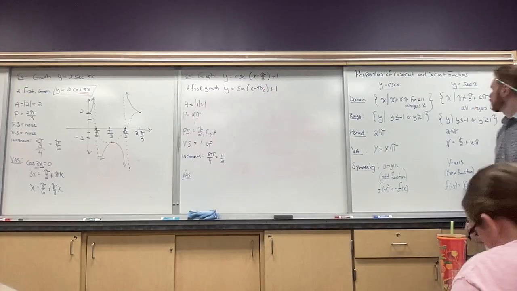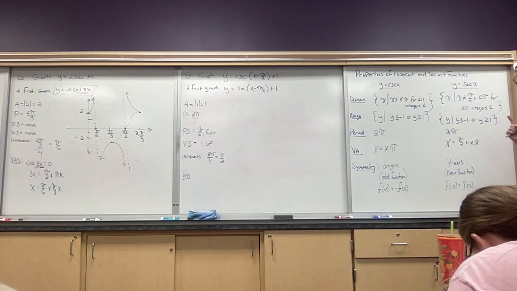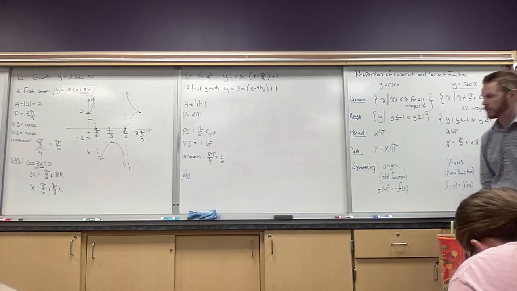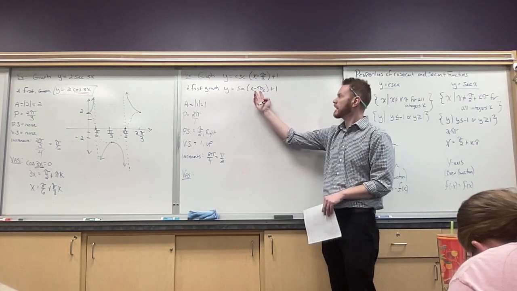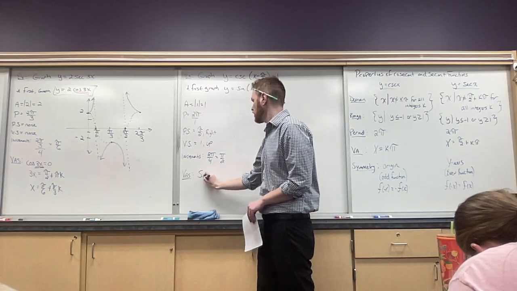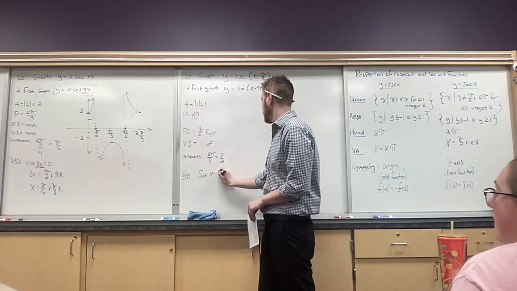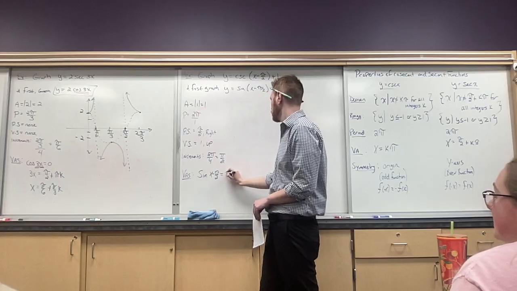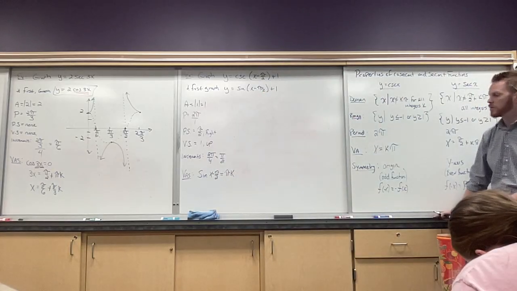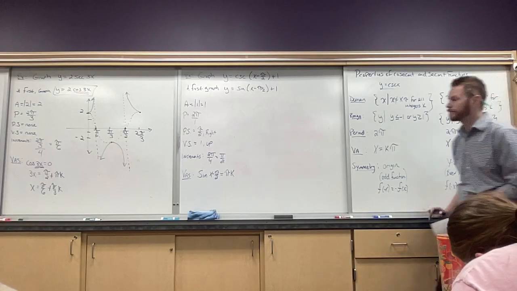Okay, so let's look over here. We're looking at cosecant, so any multiple of pi is no good. Well, because I have some stuff going on here, it's going to change a little bit. So it's going to be x minus pi over 2 equals pi k. I'm just going to solve that for x.